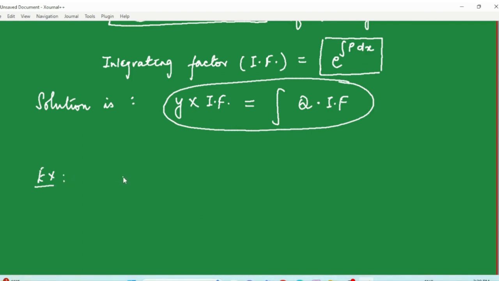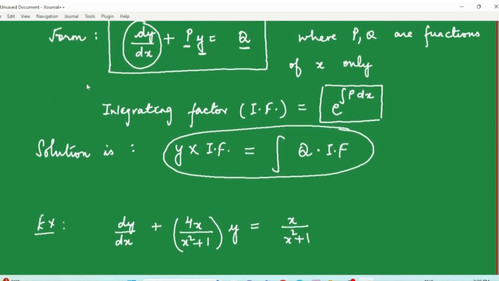Suppose the differential equation given to us is dy by dx plus 4x upon x square plus 1 y is equal to x upon x square plus 1. So let's look at this differential equation. If we are asked to solve this differential equation, then comparing it with the standard format of a linear differential equation, we can see that dy by dx plus p, here you should have a function of the independent variable only.